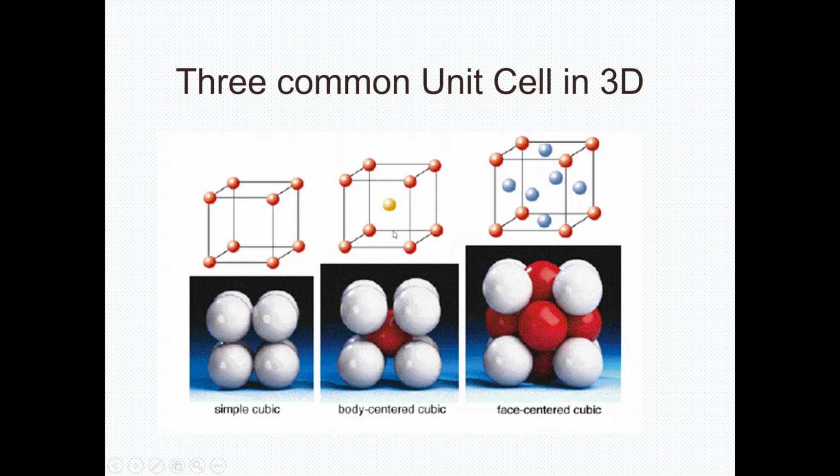The three common unit cells that you observe mostly are simple cubic, body-centered cubic, and face-centered cubic. These are the most common unit cells in three dimensions.